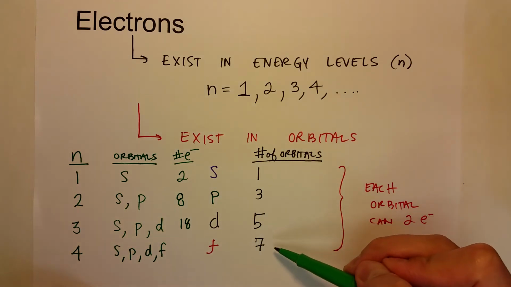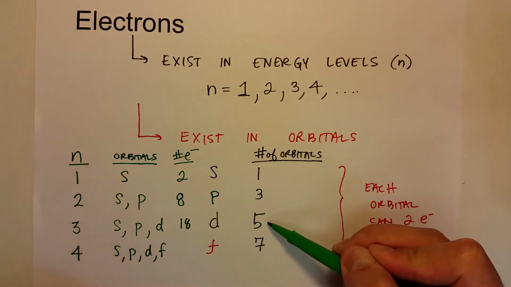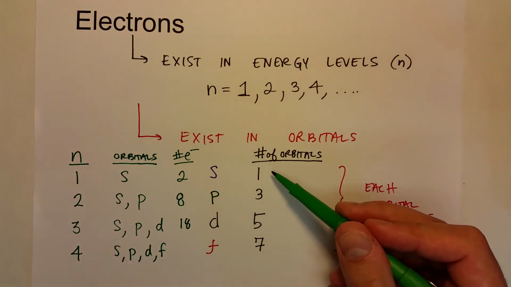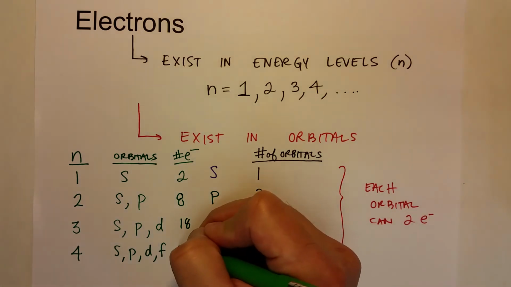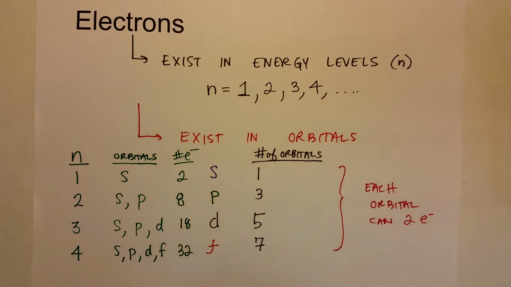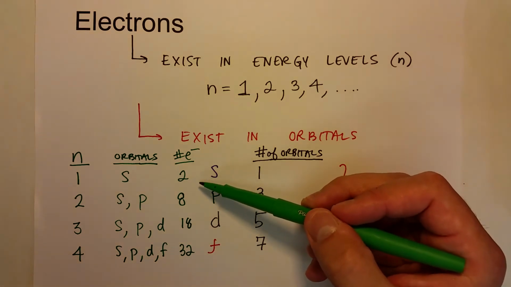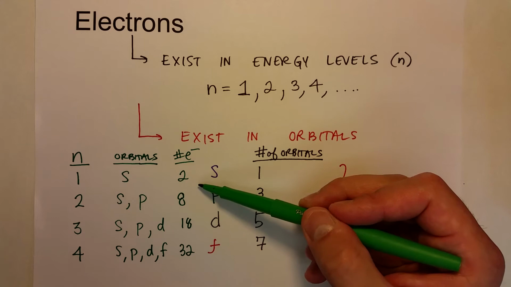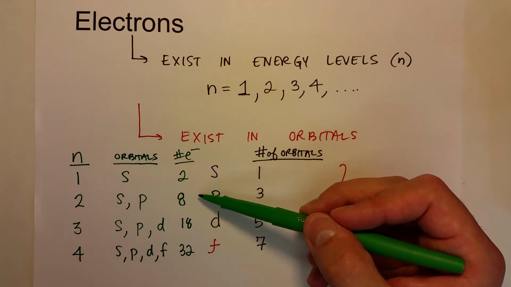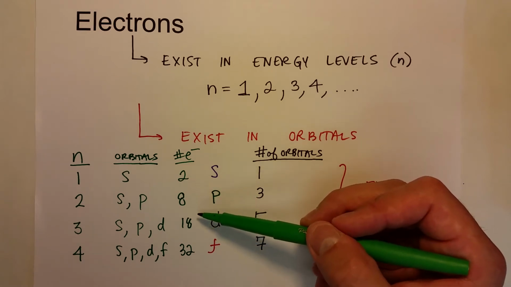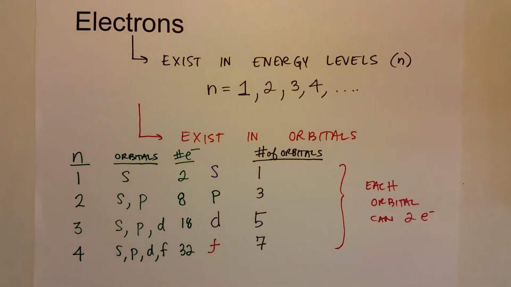If you do the math, we've got 14 electrons here, 10, 6, and then 2 more. That's a total of 32 electrons that can be held in the 4th energy level. If you remember back to the periodic law that set up our periodic table, that is what determines the periodicity. The periodicity changed from 8 to 18 to 32.